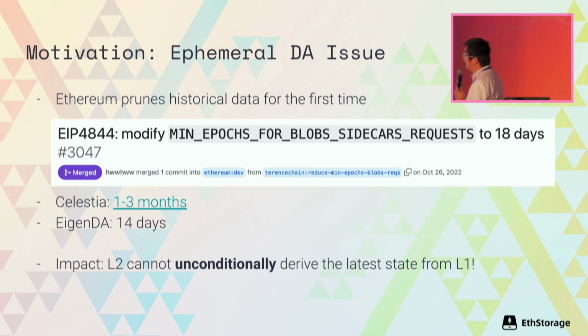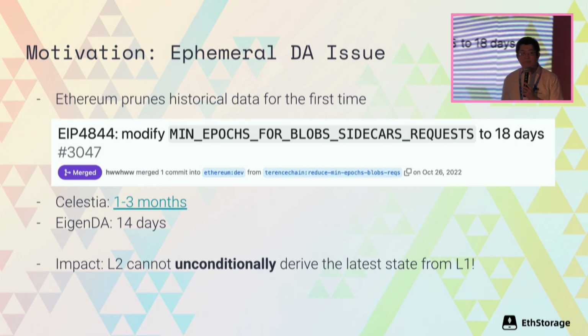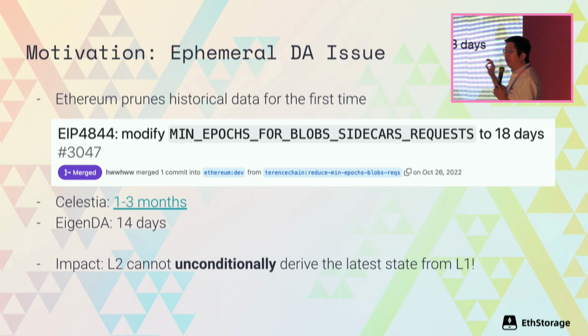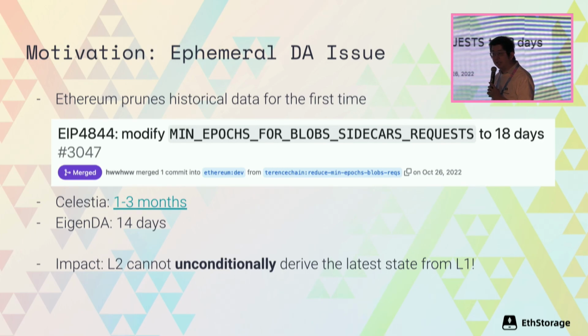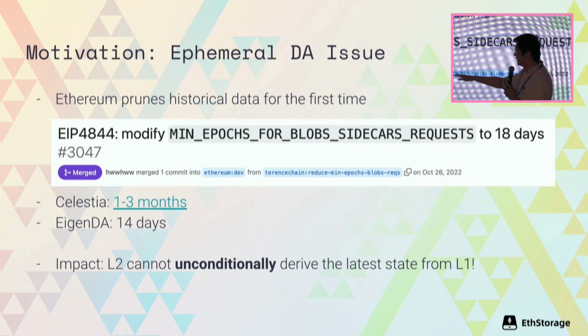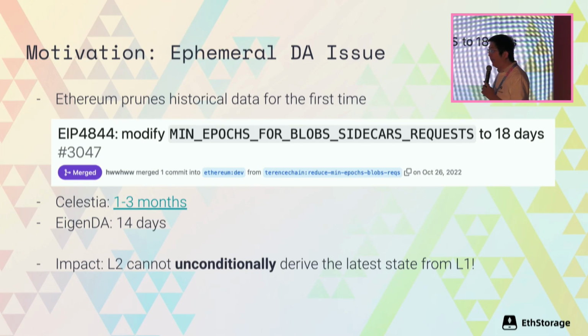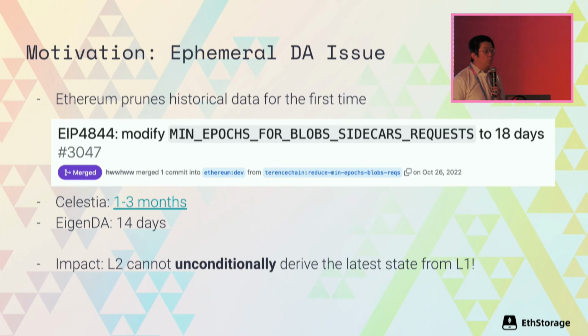This is the specification that is merged in the Ethereum specification repo. This data expiration issue applies to all data availability networks, including Celestia, which maintains data for a couple of months, and also EIP-4844, which prunes the data after 14 days.